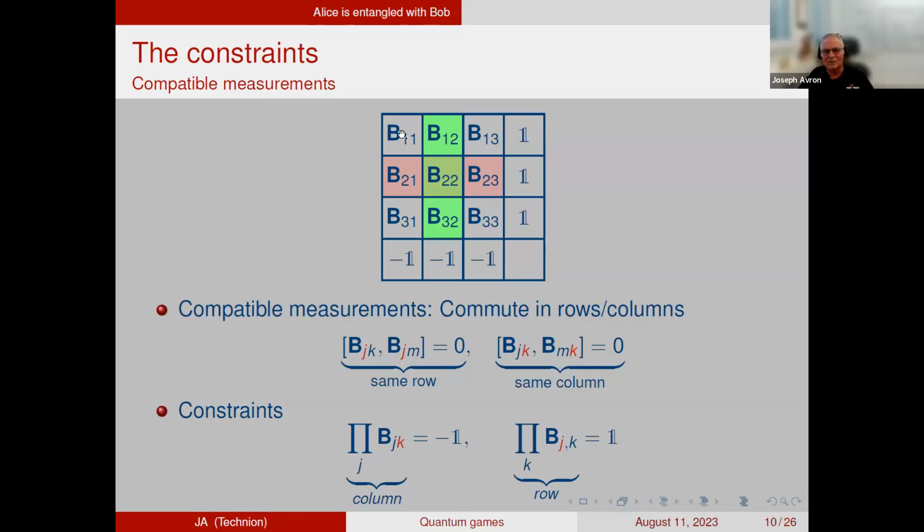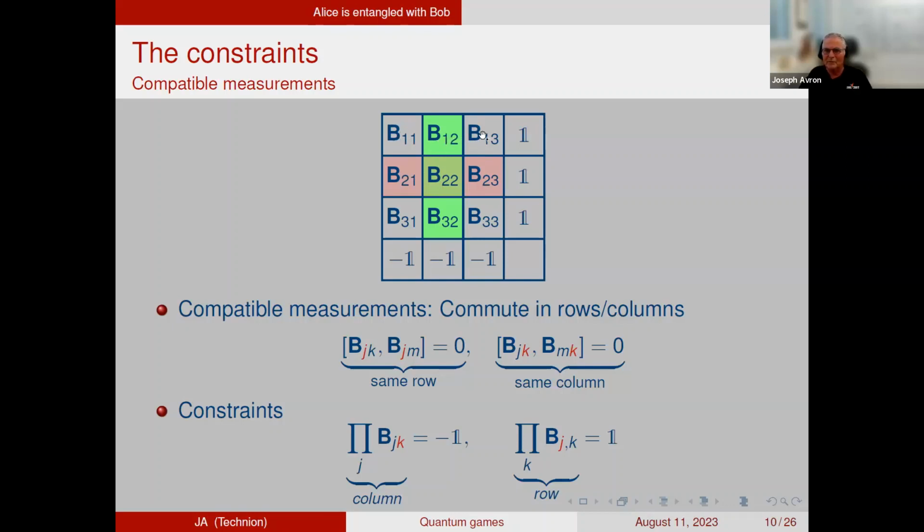This means that the spectrum of B is either +1 or -1, and therefore measurement of any of these observables, B11, B12, etc., will give me a response which is either +1 or -1.